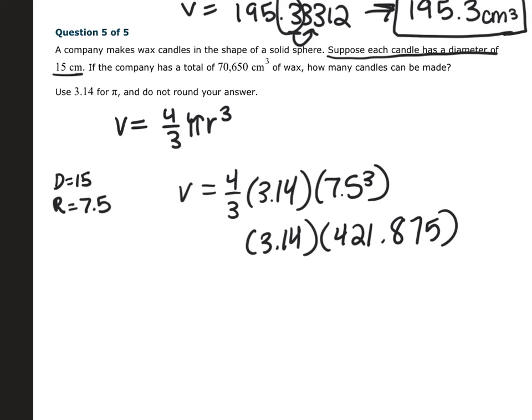I like to keep that in my calculator, then times 3.14 times 421.875 because that decimal ends. Or you can type it all in your calculator at once. Either way, what you should have gotten out in your calculator is 1,766.25. Now that's our volume, centimeters cubed. That's our volume for one candle.